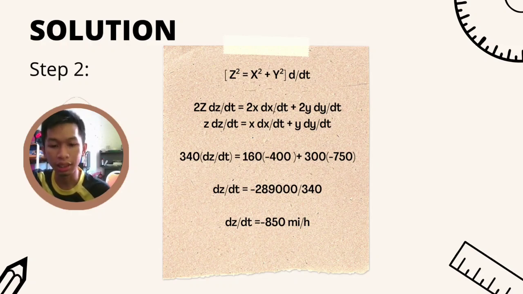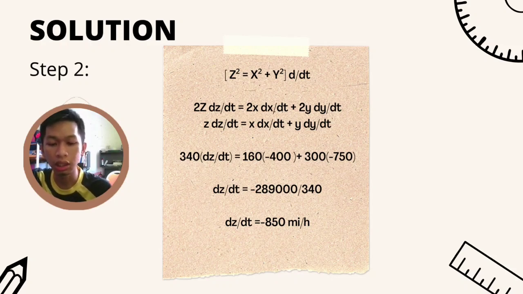We know that z is equal to 340, x equals 160 and y equals 300. So we can just insert the values into the equation. Also, we know that dx over dt equals negative 400 and dy over dt equals negative 750.